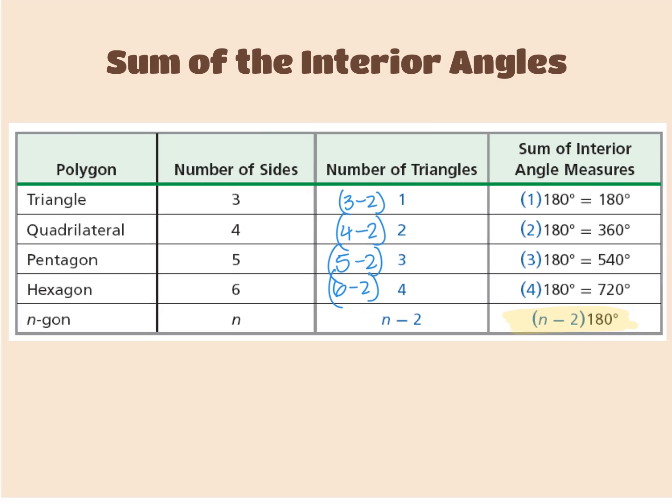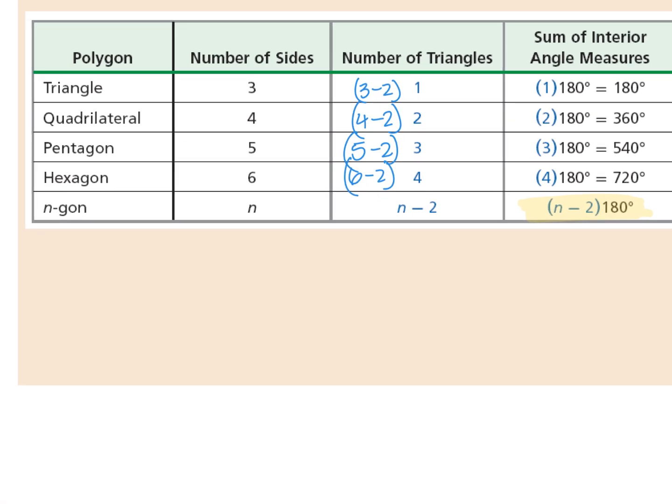Okay, using the formula, I'm just going to give you guys a shape. Let's say we're going to use a 24-gon. How many sides are in a 24-gon? Good, 24. Number of triangles, I'm going to do 24 minus 2. What's 24 minus 2? Good.